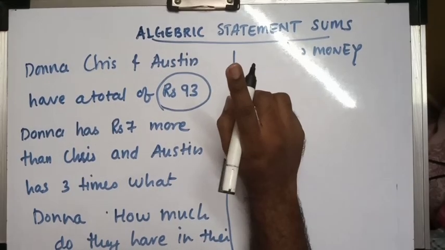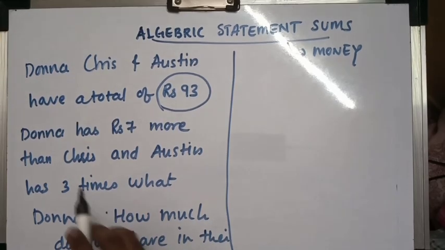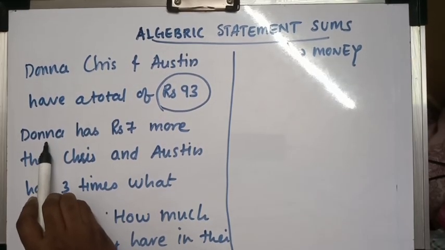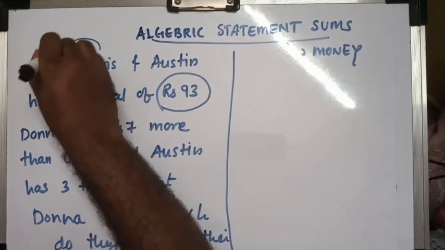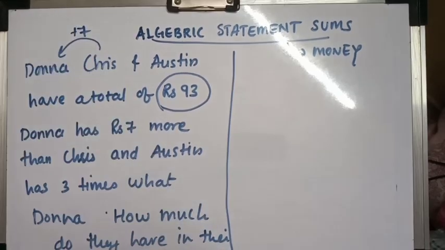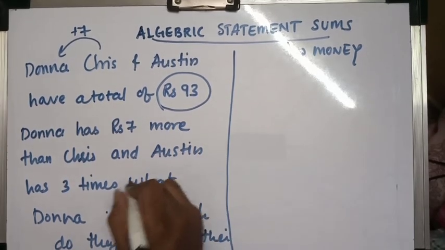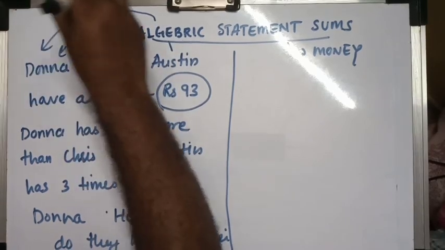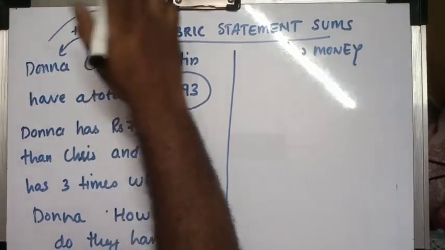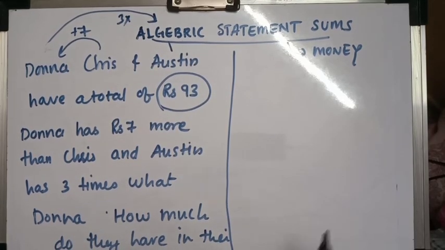But there is a condition that is given to you. What is that condition, children? It is given that Donna has 7 rupees more than Chris, and Austin has 3 times what Donna has. So Austin has 3 times, means 3 into what Donna has.